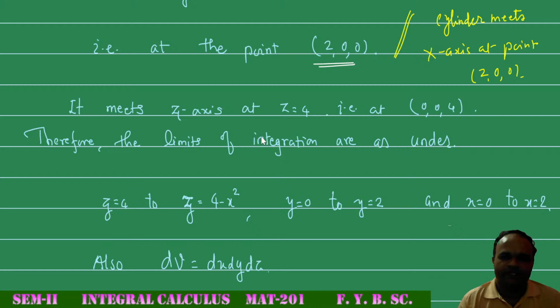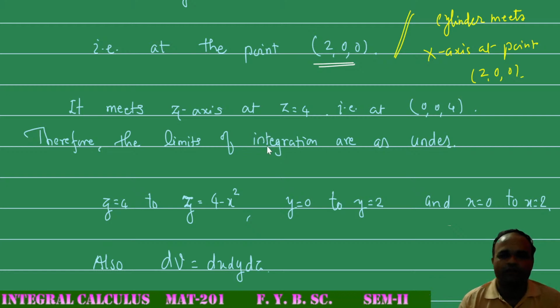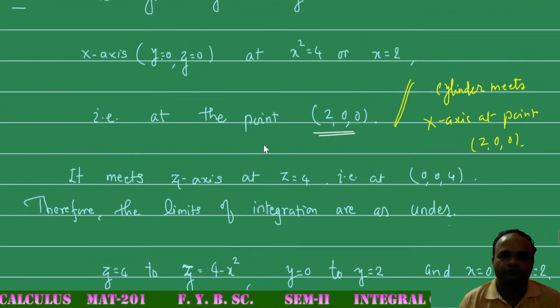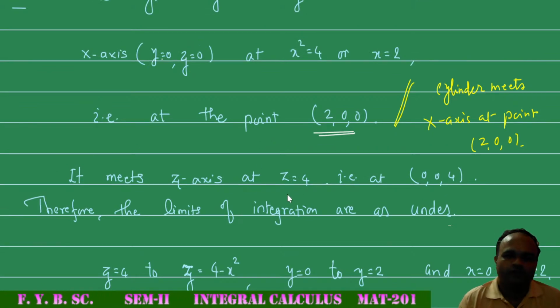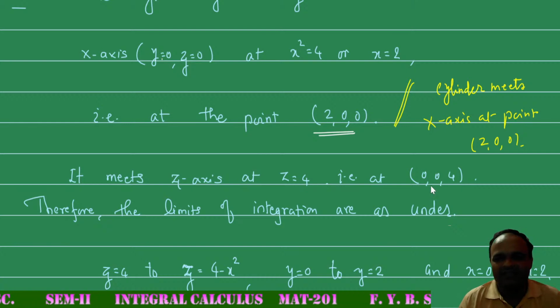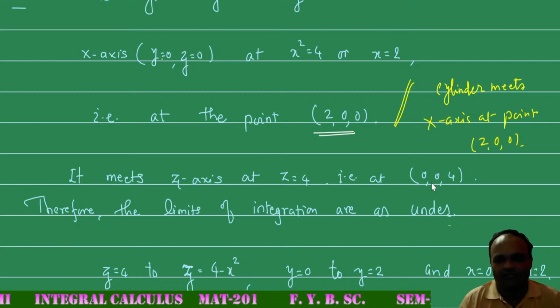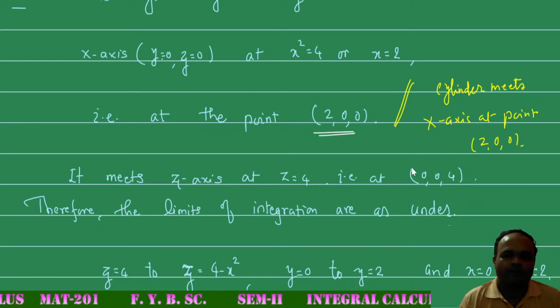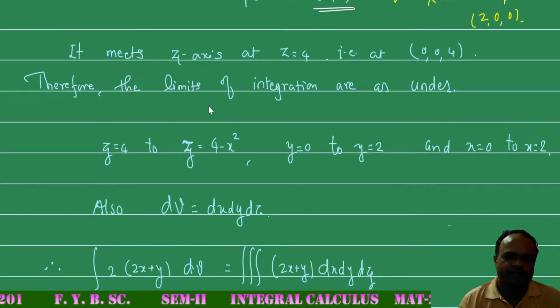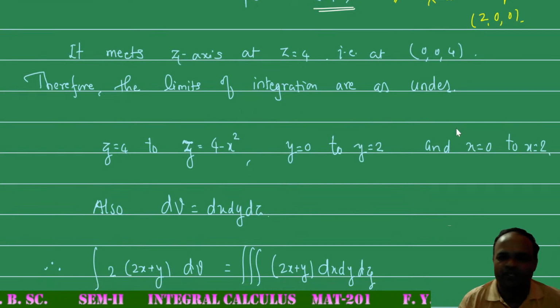Naturally it meets the z-axis at z equal to 4, and on the z-axis, the x and y coordinates will be 0. So it will meet at (0, 0, 4) on the z-axis.